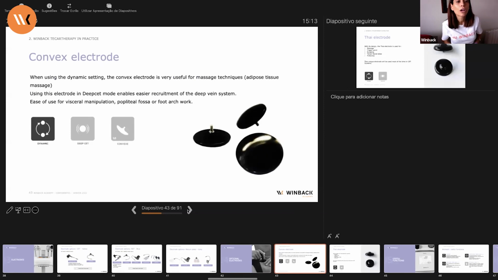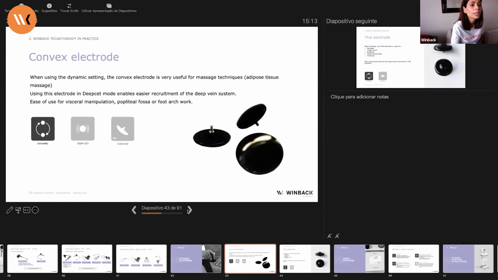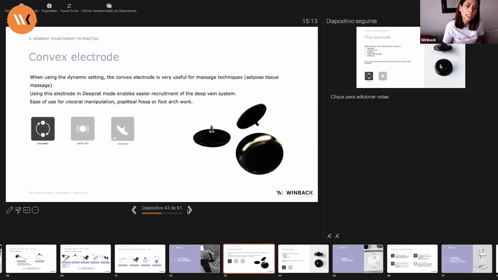Another option, we have the convex electrode. It's used when using dynamic setting. The convex electrode is very useful for massage techniques when you want to take advantage of the mechanical action, like in adipose tissue massage.